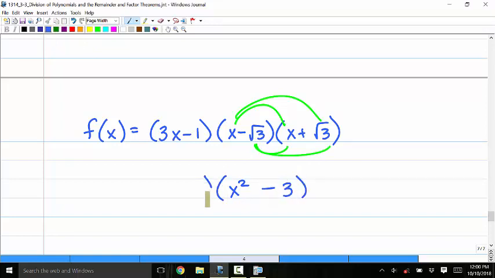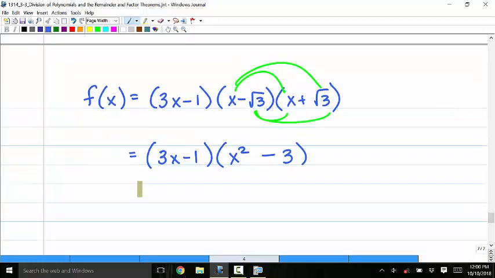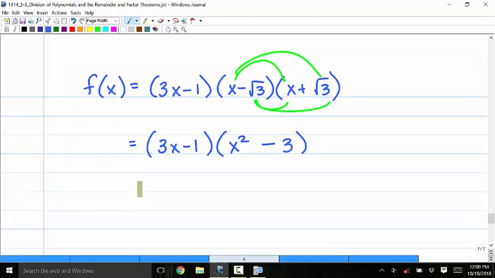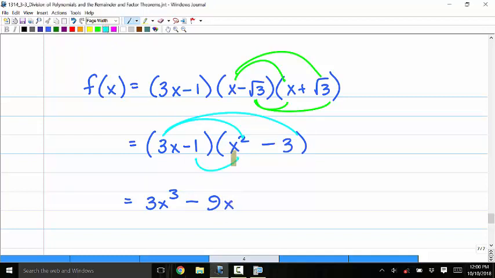And then I still have times 3x minus 1. What do I need to do again? FOIL. What do you get? 3x cubed minus 9x minus x squared plus 3.